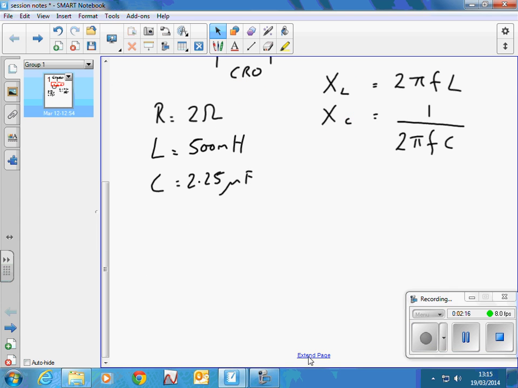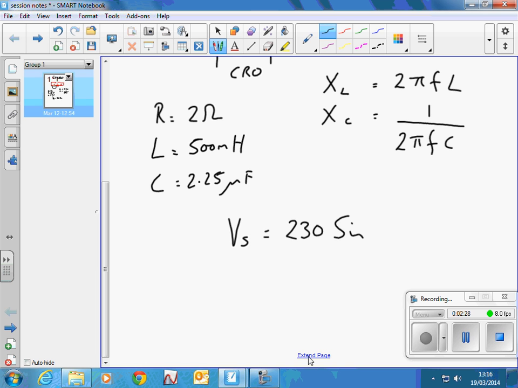If I tell you that the supply voltage is given by a wave function, and that wave function is 230 sine 100 pi t.